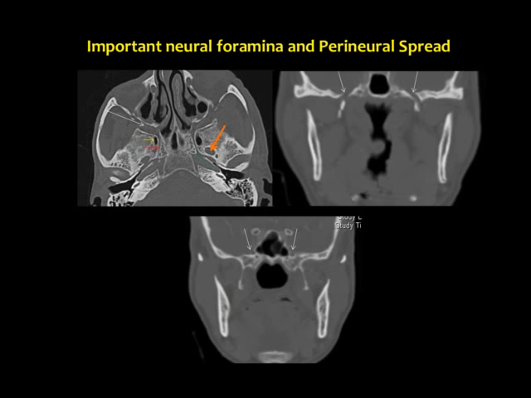So the important foramina which you start seeing from the skull base, name them. The three foramina at the skull base. Name three words that have foramen in front of them, on the skull base. Foramen ovale, foramen rotundum.